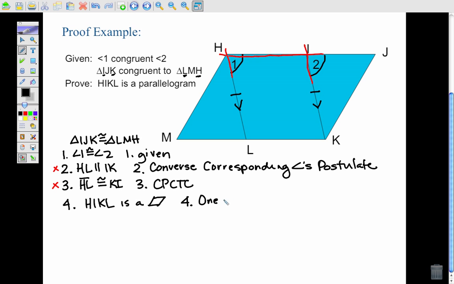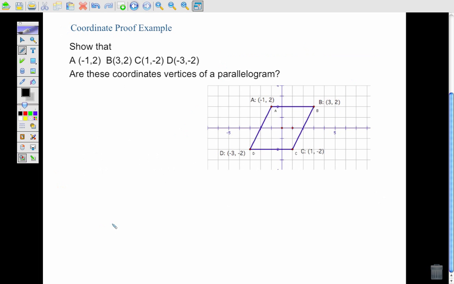And the reason we would use is one of our theorems from earlier today, that one pair of opposite sides is congruent and parallel. And that's all there is to it.